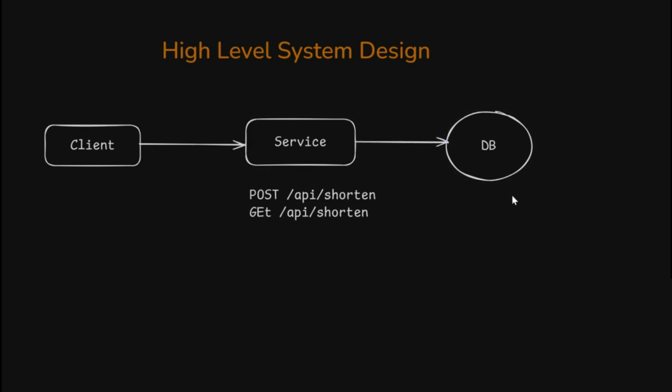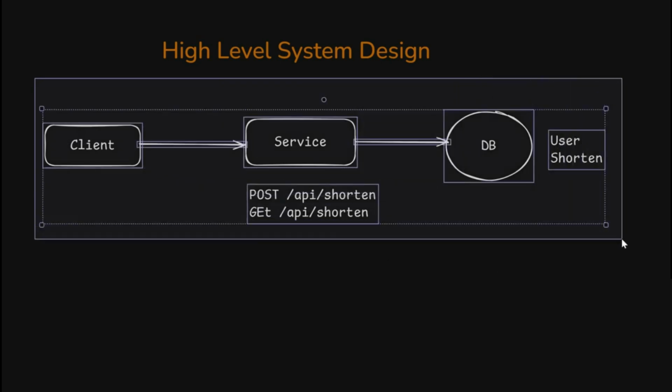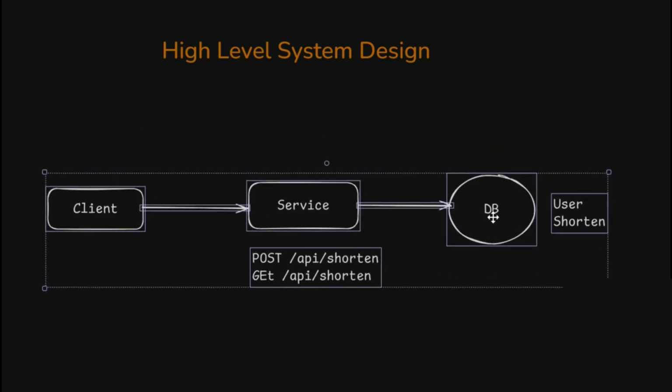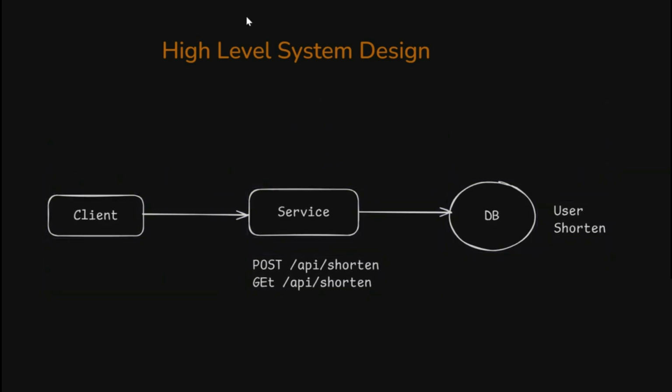And the schema we have discussed here are the user and the shorten database tables on which these records are being saved. And there is also a unique ID generation part. So here we can have another service, which abstracts how these unique URLs are being generated.